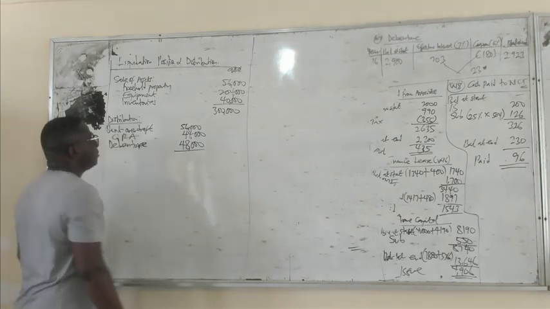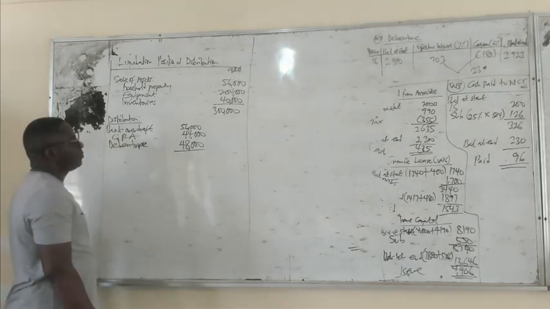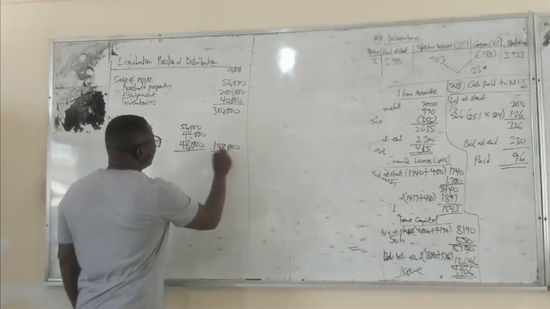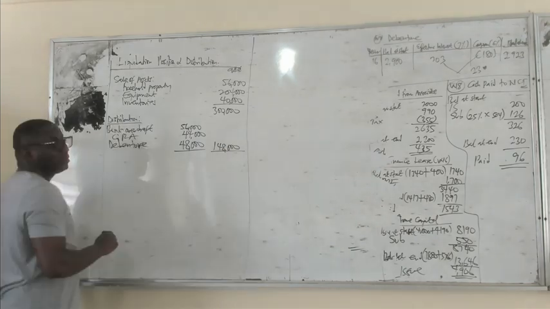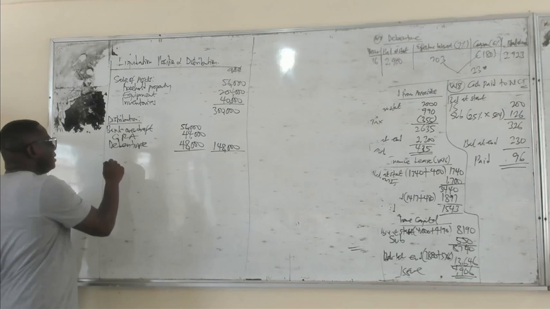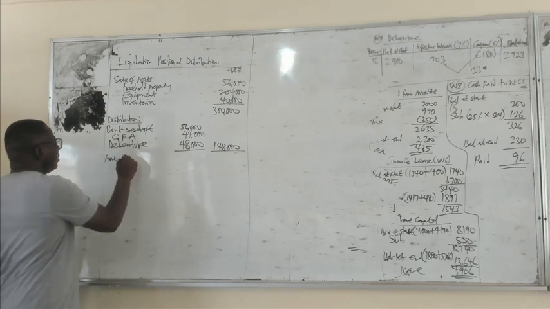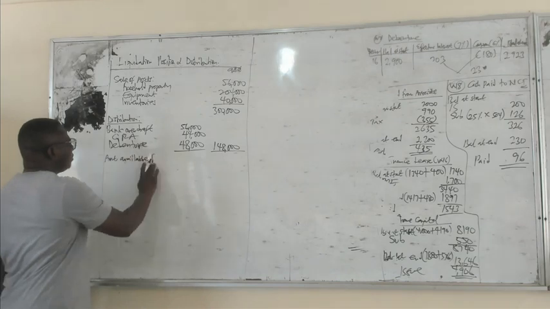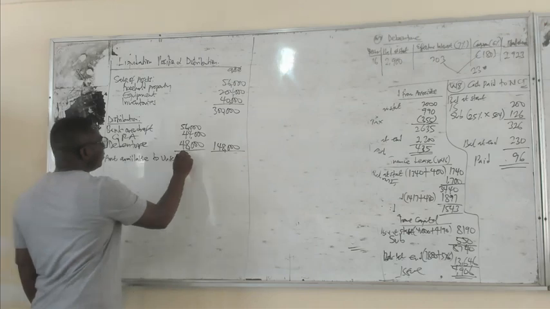Total will be 148,000. So we're going to determine the amount available to unsecured holders.